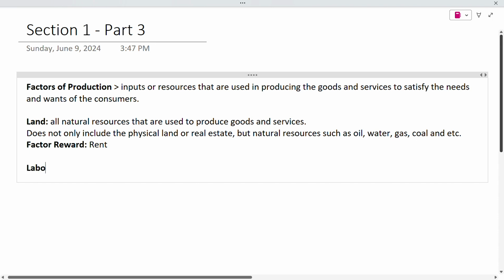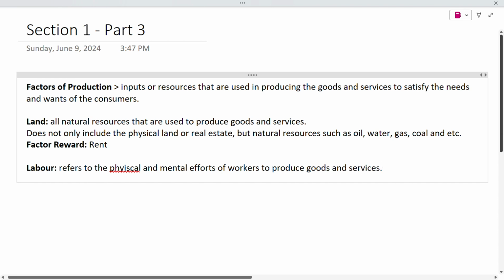Moving on, the second factor of production is labor. Now remember that labor is not the people themselves. Labor refers to the physical and mental efforts of people, of basically workers who are working there to produce goods and services.